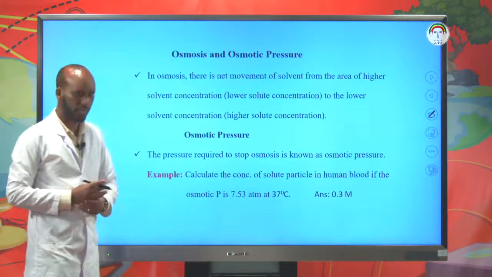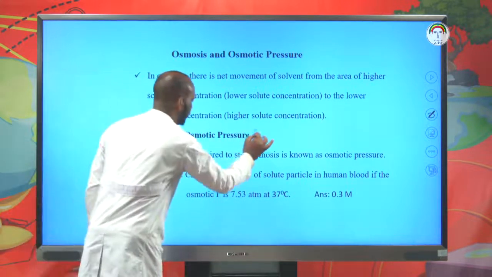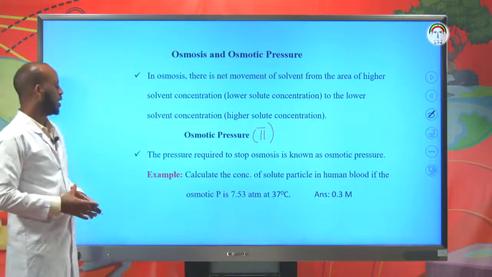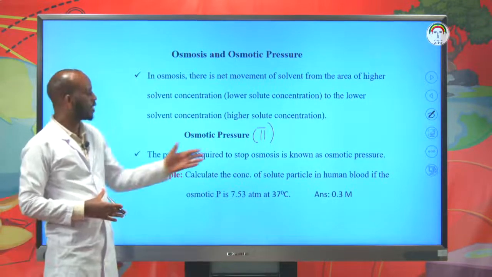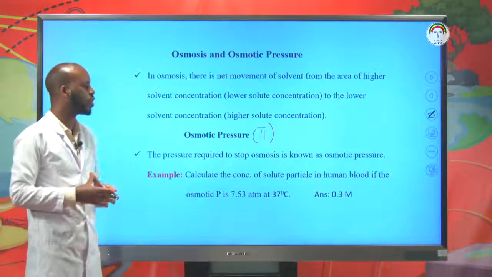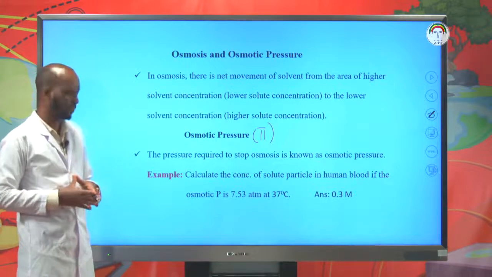Osmotic pressure, denoted by this symbol. It is the pressure required to stop or prevent osmosis is known as osmotic pressure.